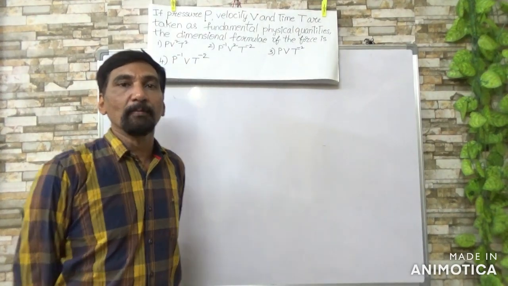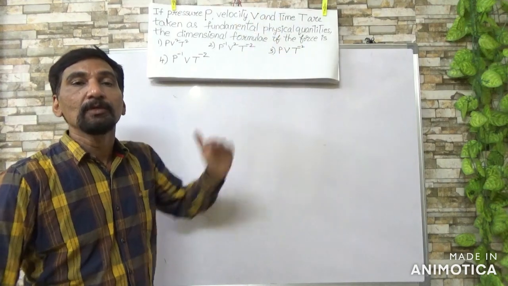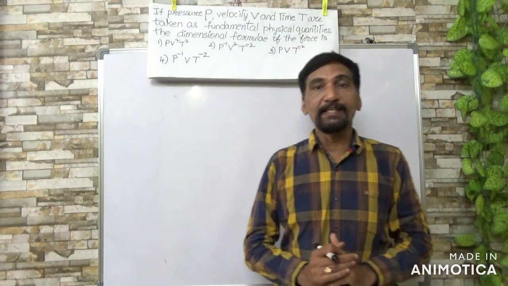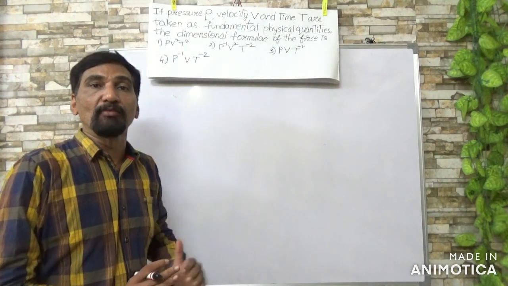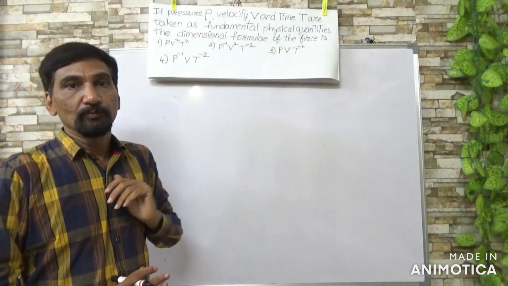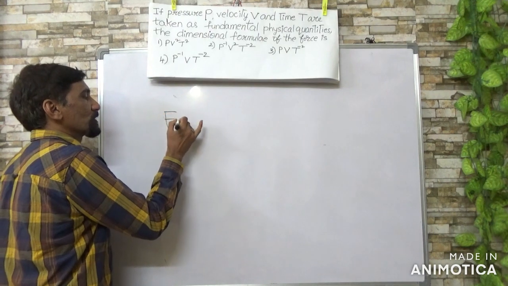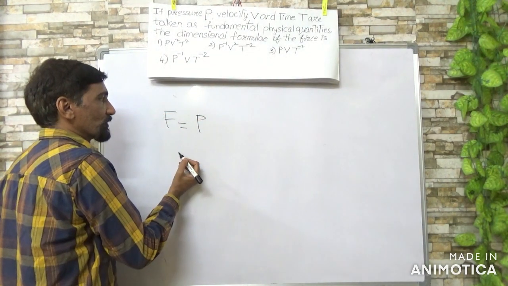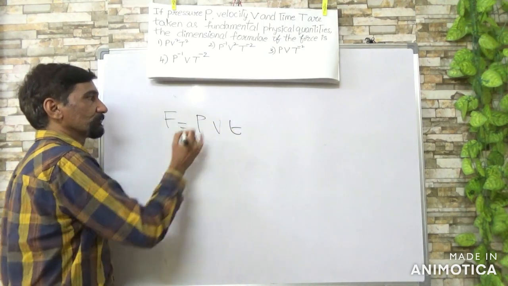In this problem, pressure, velocity and time are taken as fundamental quantities. So you want to find force in terms of pressure, velocity, time. Okay. So according to the problem, force must be taken in terms of pressure, velocity, time.